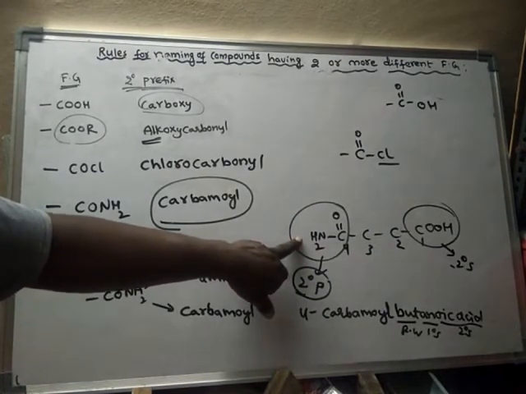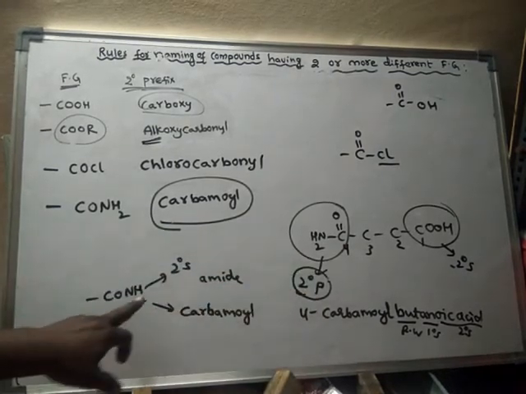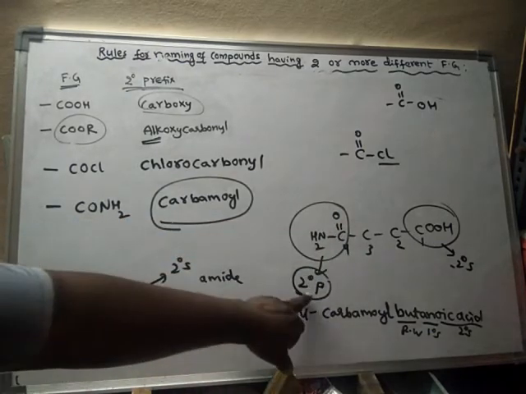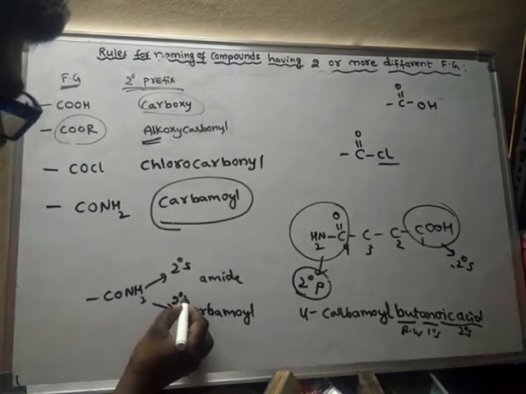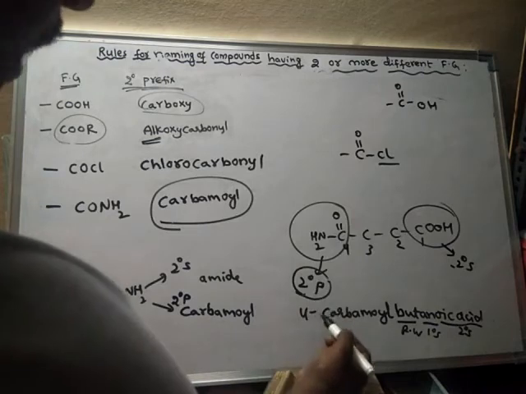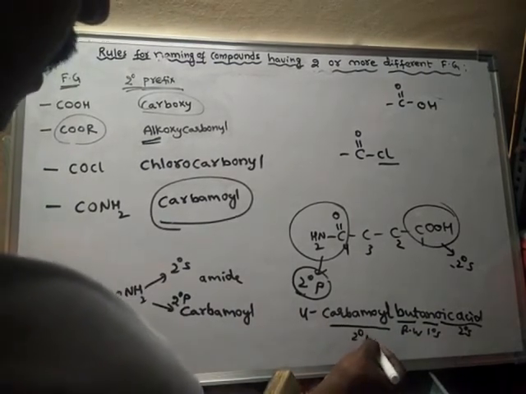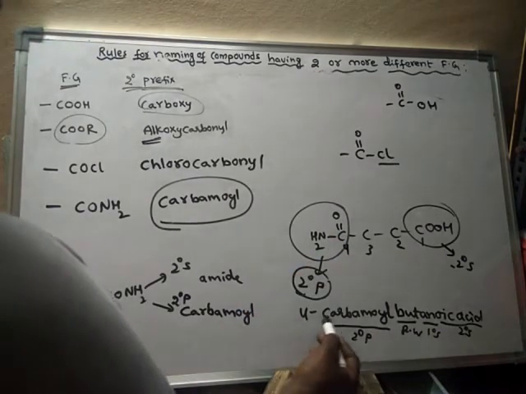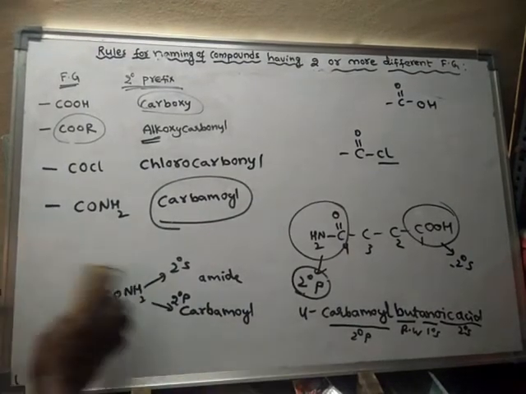Hence the secondary functional group should be given only the secondary prefix name, though it has a secondary suffix name. Here amide is behaving as a secondary prefix, hence we have to give the secondary prefix name of amide, carbamoyl. So I am writing carbamoyl in the name of the compound, so it is a secondary prefix. On the 4th carbon this carbamoyl is present, hence 4-carbamoylbutanoic acid is the name of this compound. So like this.